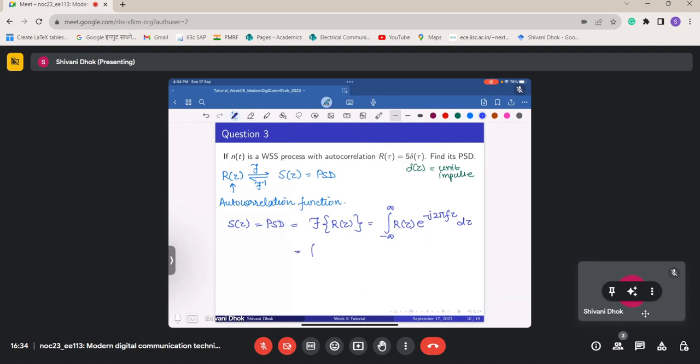Let me substitute it. R(tau) is 5 delta(tau), so the integral from minus infinity to infinity of 5 delta(tau) e^(-j2 pi f tau) d tau.